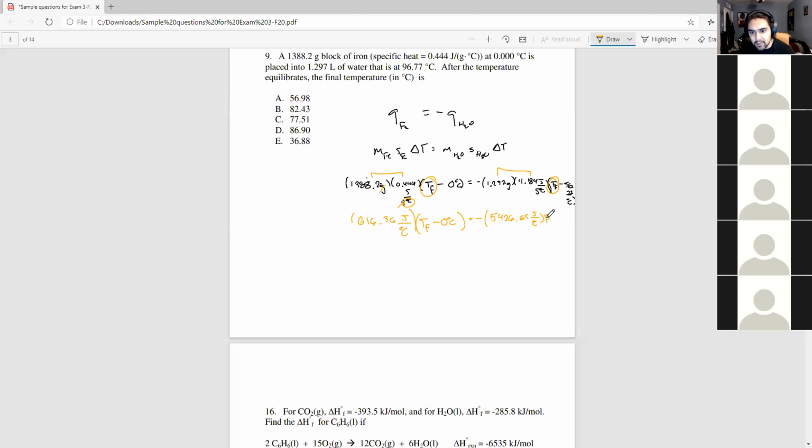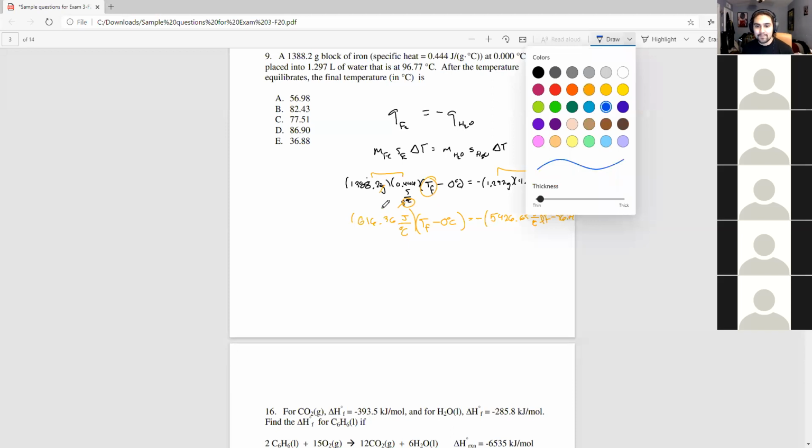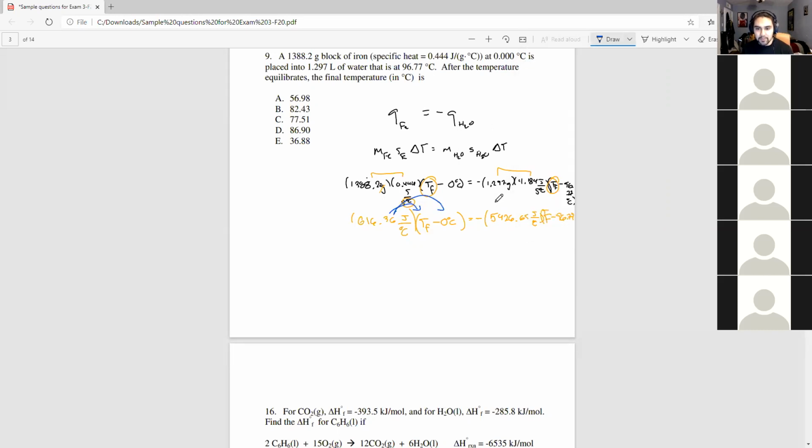And then we have our final temperature minus 96.77. Okay, so there we go. So after this, what should I do? Basically multiply by TF and negative 0. So I distribute, and then I do the same over here.